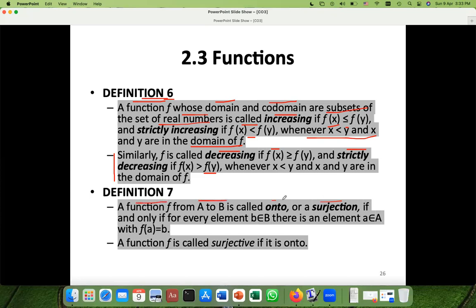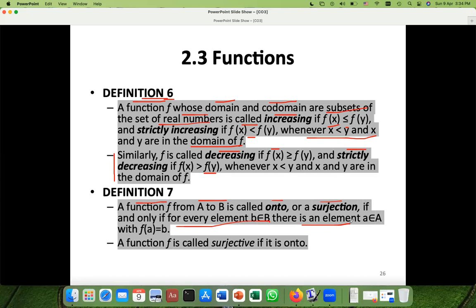We can call it onto or surjection if and only if for every element of B, and now you have to focus on B, not from A to B, for every element of B there should be some element in A. So the condition is there is an element, which means that one is possible and more than one is also possible.